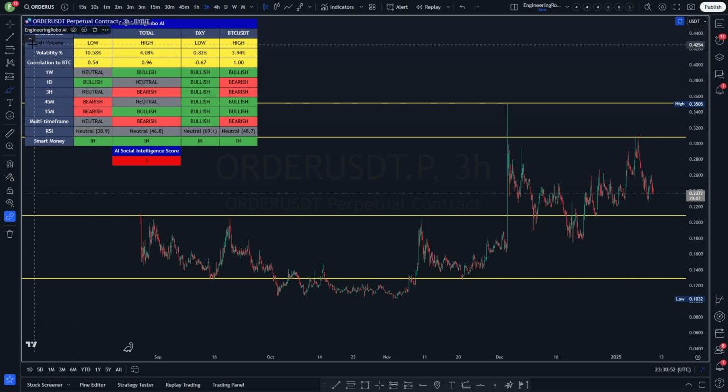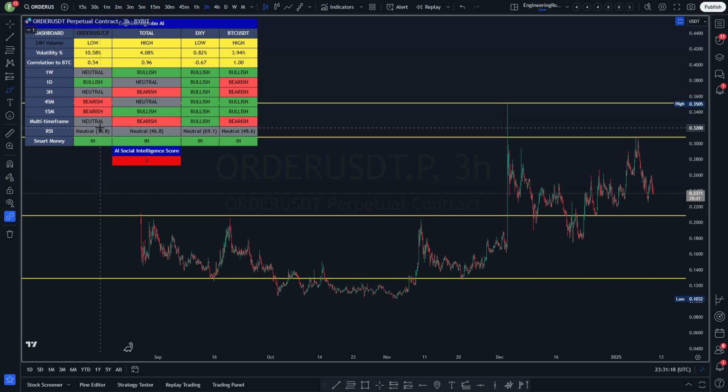I wanted to start off with the dashboard because this shows the power of this indicator, the social intelligence score, the fact that smart money is in. It even shows us where RSI is at the moment. It's neutral. So it's not ultimately bearish, but for a better price entry, we want it around the 20% zone.